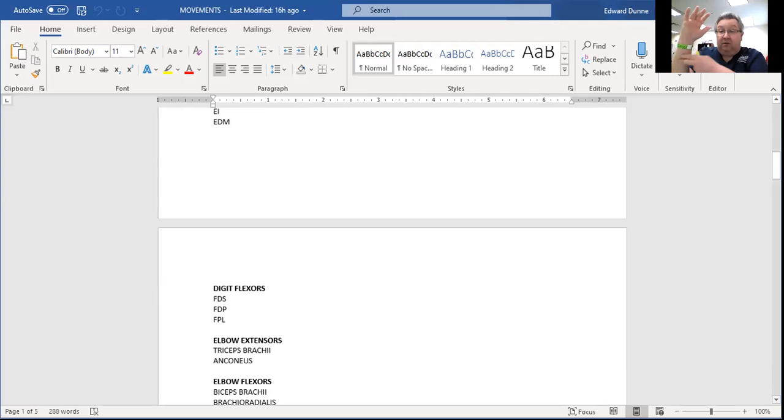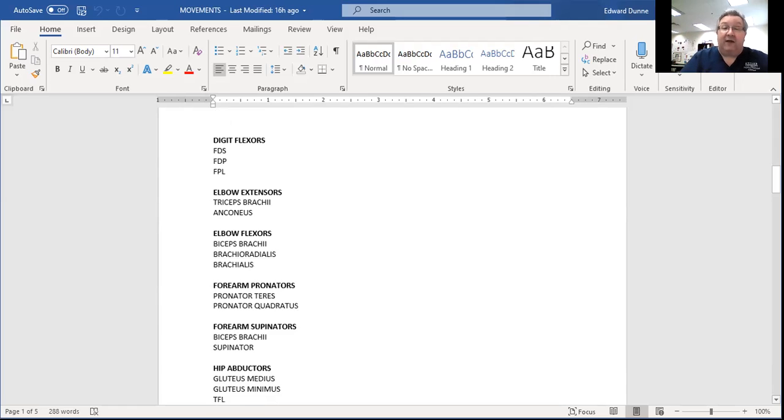The flexors are on the anterior side. I spoke about them at length also because their insertion points are so important. Just like I talked about pronation and supination being high-level questions, information on Flexor Digitorum Profundus and Flexor Digitorum Superficialis are very high-level questions because students forget.